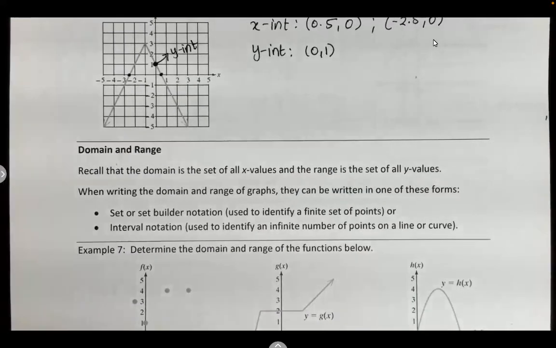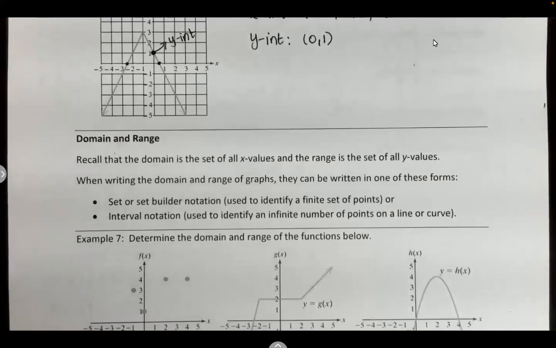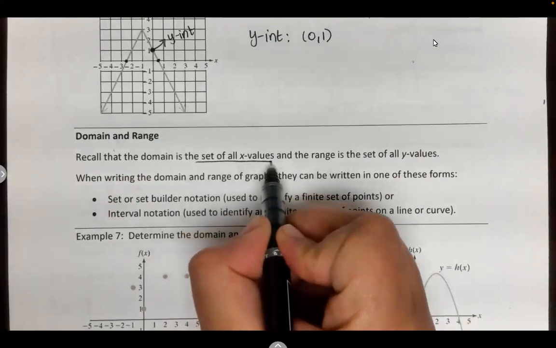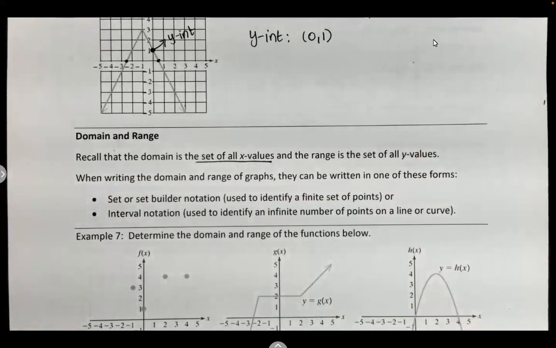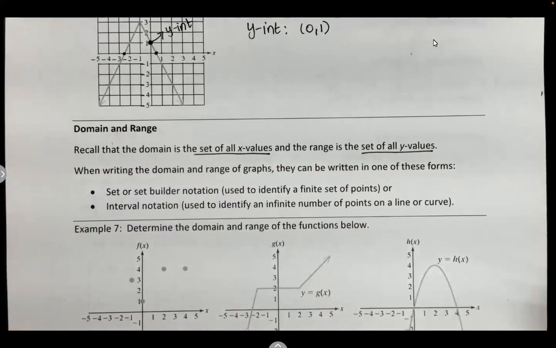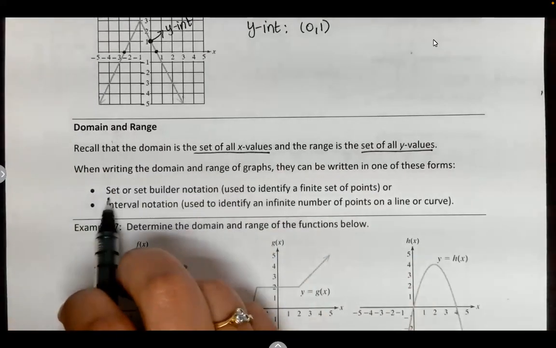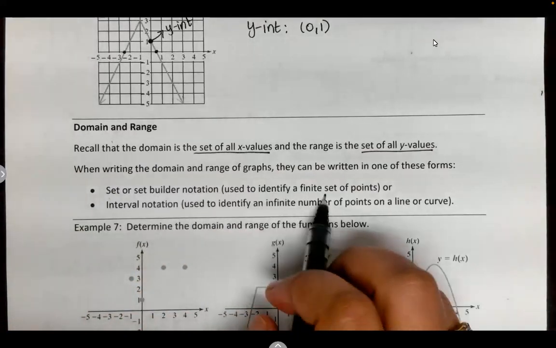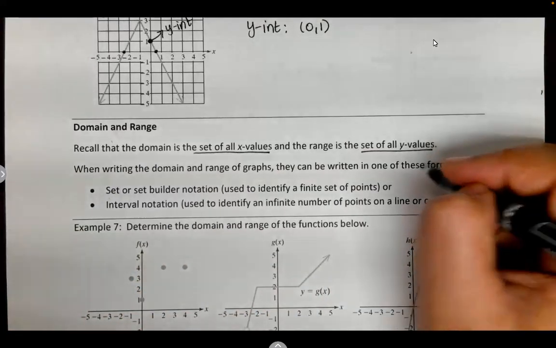Now, next we'll look into the domain and the range. So we want to recall that the domain is all the x values, and the range is the set of all y values. Set or set builder notation is used to identify a finite set of points.